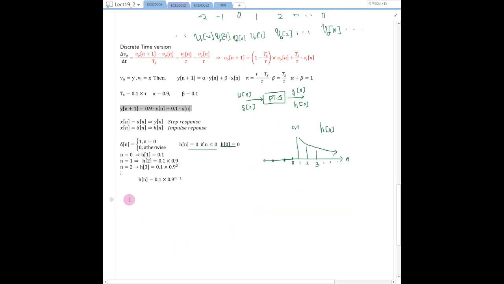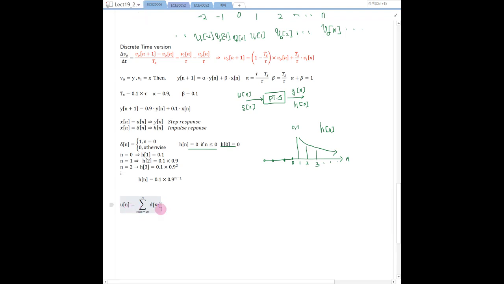To calculate the step response, we refer to the relationship between delta and the unit step sequence. The unit step is defined by the sum, with m equal to minus infinity, of delta m equals the unit step.